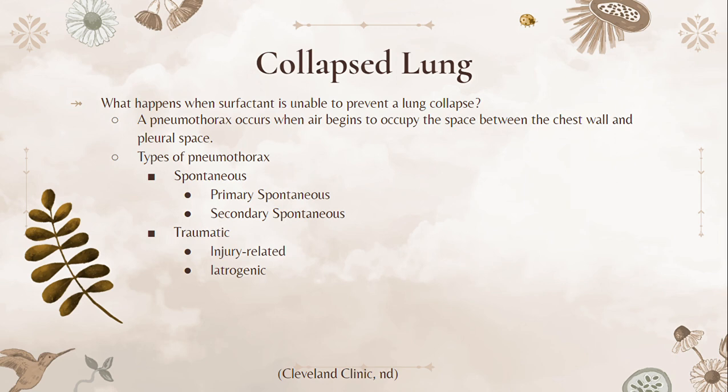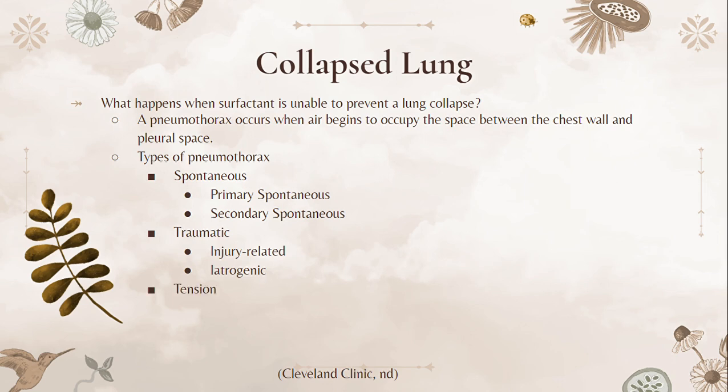Any injury can cause that. We also have iatrogenic pneumothoraxes, and those are pneumothoraxes that occur during a medical procedure. So placing a chest tube, or inserting a central line, can cause a pneumothorax.